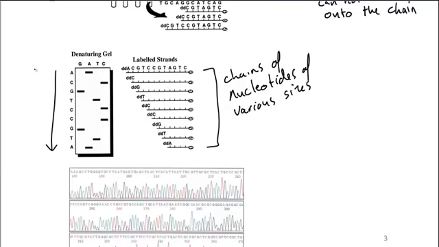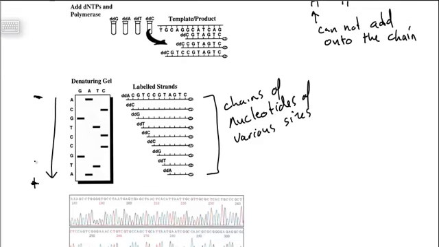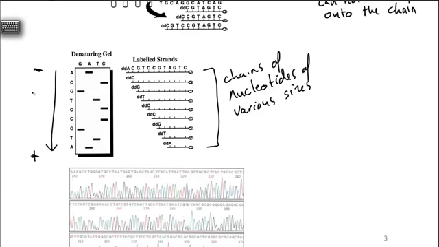So the negative electrode will be at one end and the positive at the other, and because DNA has a negative phosphate backbone, it will run away from the negative and towards the positive. But the smaller the fragment of the DNA, the faster it can run through this gel. So this is a tiny fragment, the smallest, and this is the longest chain.